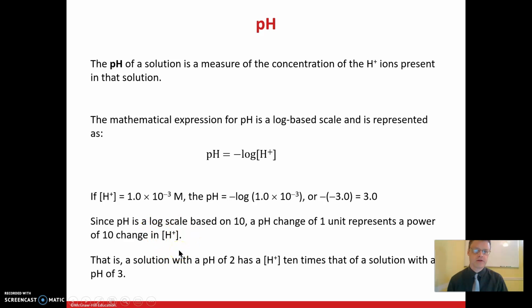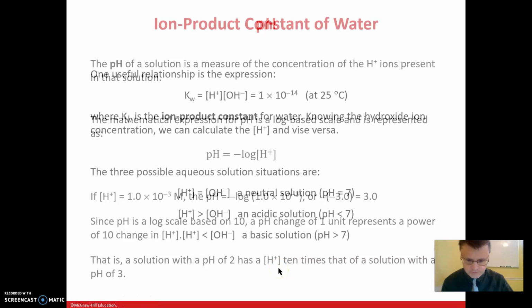So if the pH increases from, say, 3 to 4, then the concentration of H plus ions is a factor of 10 lower. Okay, so that's a big change. And here's another example of that.